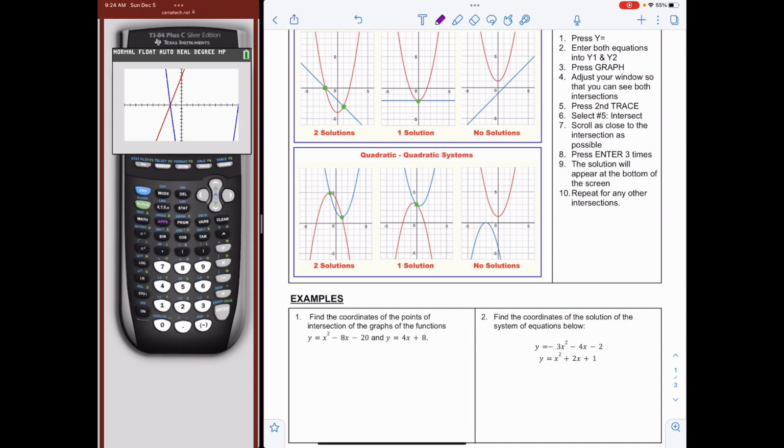So I need to adjust my window by either pressing window and changing my axis scale, or pressing zoom and hitting zoom out. So I'm going to zoom, press 3 for out, and then press enter, and see what that gives me.